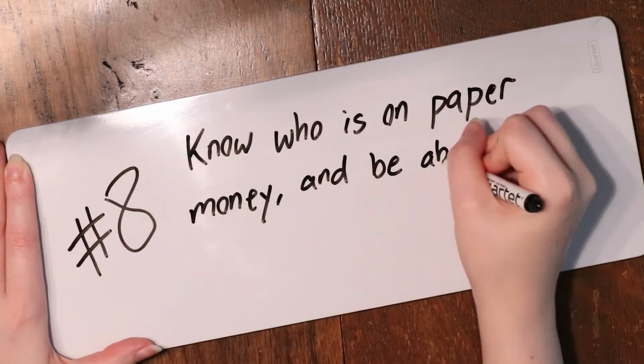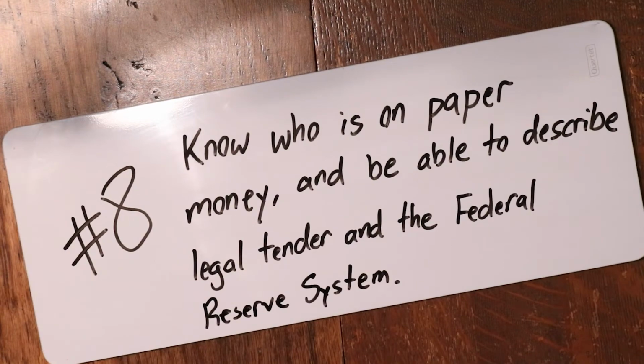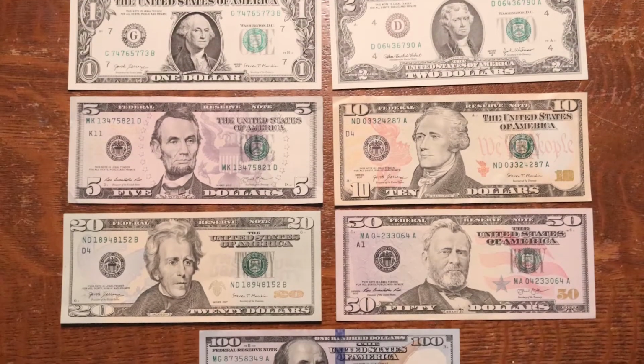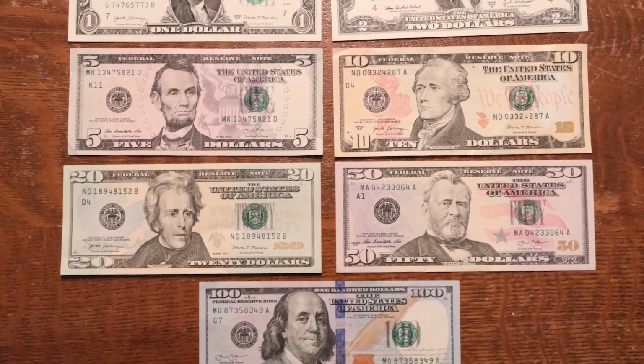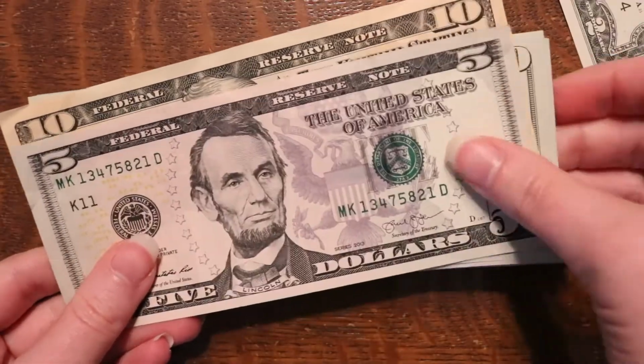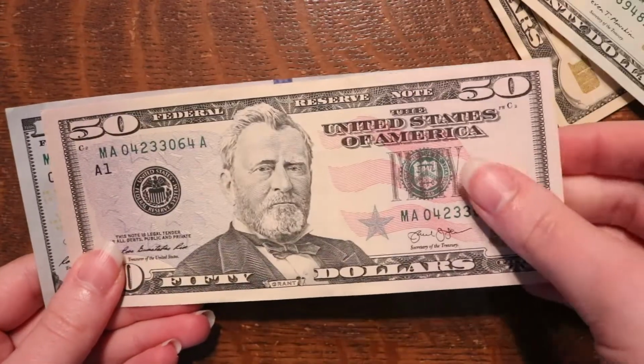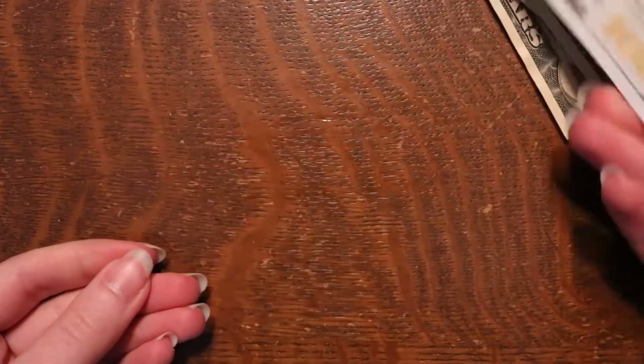Requirement 8. Know who is on paper money and be able to describe legal tender and the Federal Reserve System. These are all of the currently circulating denominations of paper money in the U.S. They feature George Washington, Thomas Jefferson, Abraham Lincoln, Alexander Hamilton, Andrew Jackson, Ulysses S. Grant, and Benjamin Franklin.